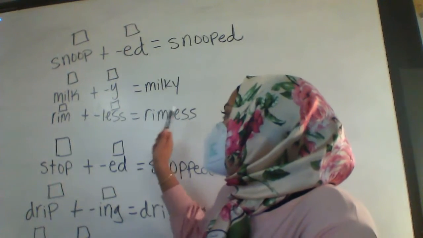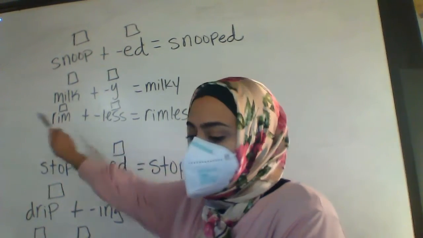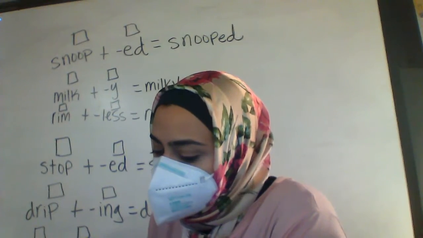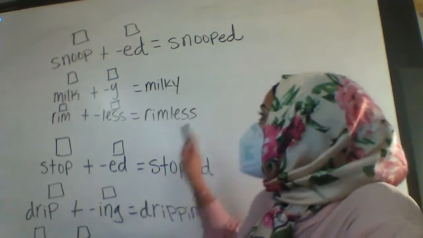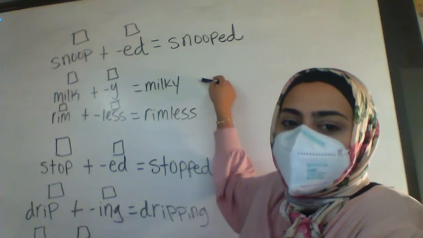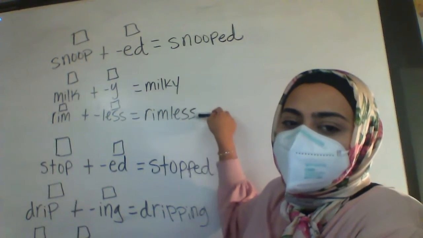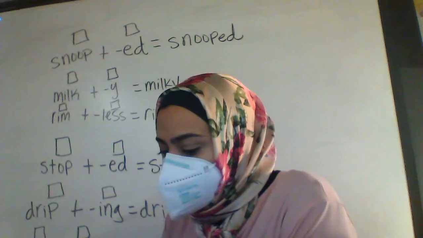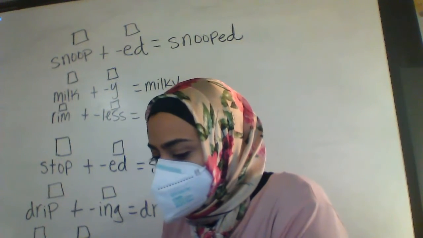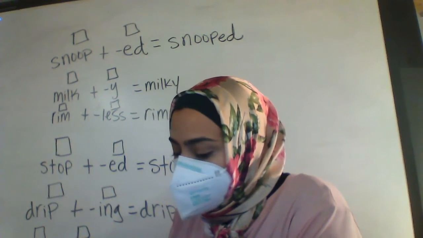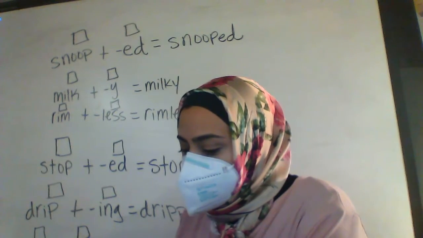What's the root word in this word? Rim. Very good. Now, who can tell me the suffixes? What's the suffix in snooped? Ed. What's the suffix in milky? Y. What's the suffix in rimless? Less. Very good. Are these vowel suffixes or consonant suffixes? All vowel suffixes except less, which is a consonant suffix.